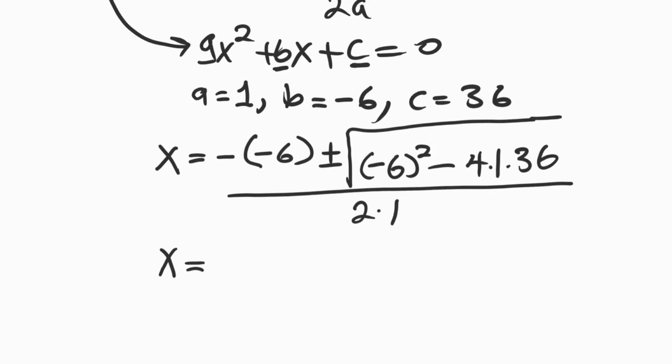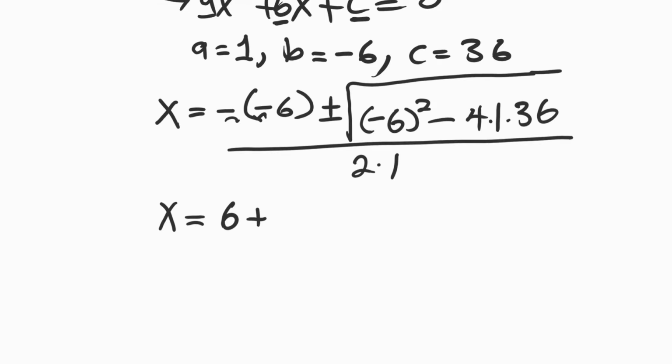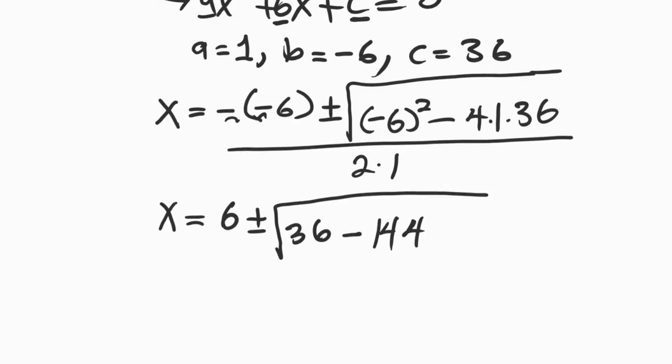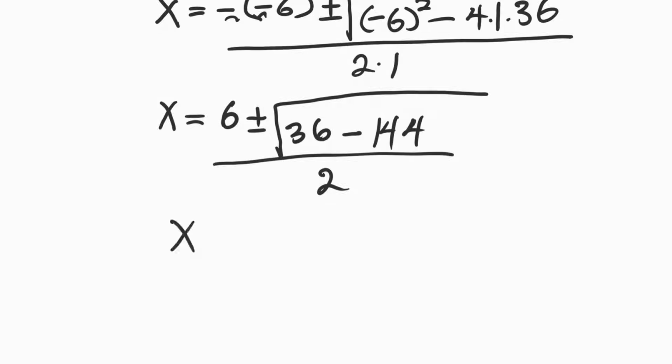So our x now is equal to minus times minus will give us positive 6. And that's just going to be 6 plus or minus the root of minus 6 squared, which is 36, minus 6 times 4 is 24, 4 times 36 is 144, all divided by 2. Now x is equal to 6 plus or minus the root of 36 minus 144, which will give us minus 108.